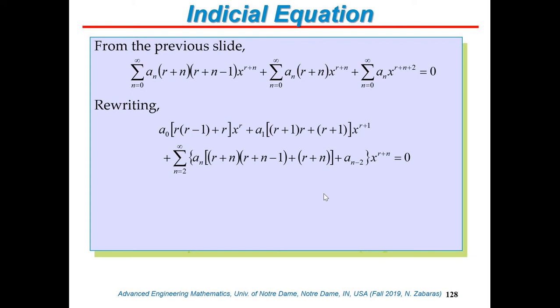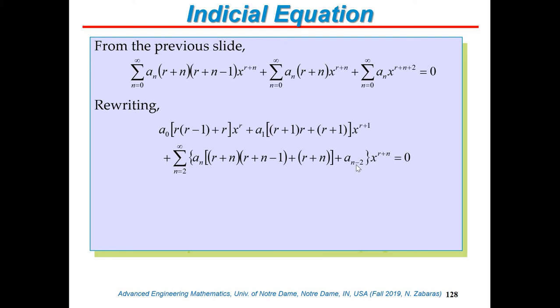So effectively I can take all the terms from n equal to 2 from here and all the terms with n equal to 2 from there, which is this, and combine it with all the terms from this series, where now you notice I have switched indices, writing this series as a summation from 2 to infinity of a_(n-2) x^(r+n).